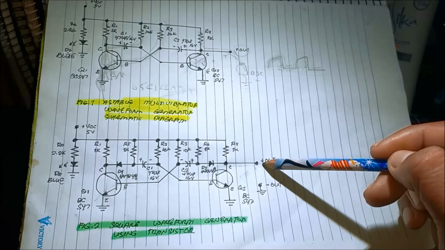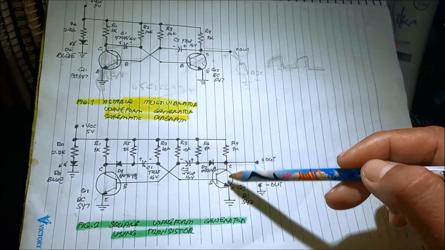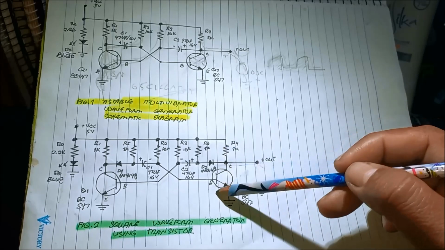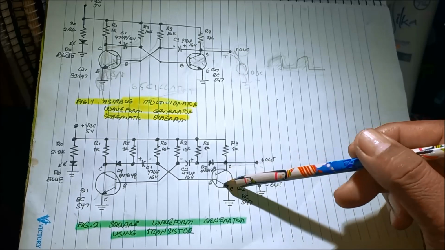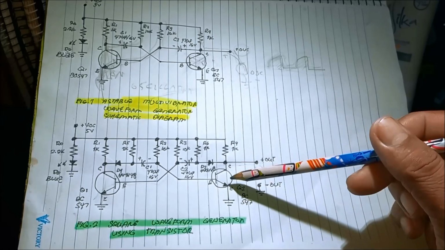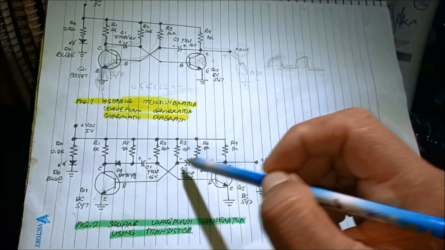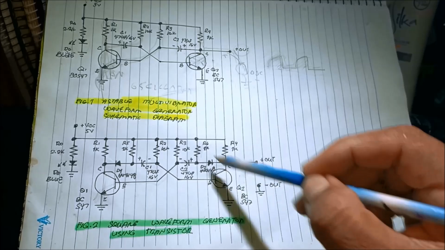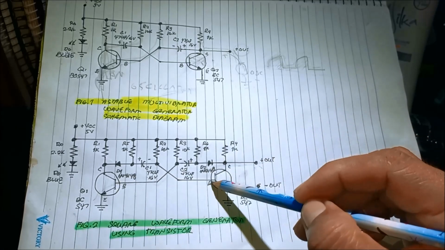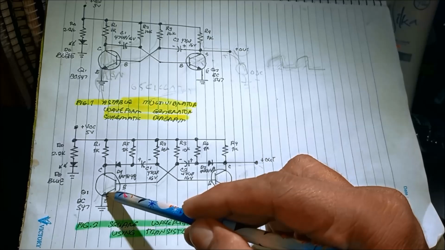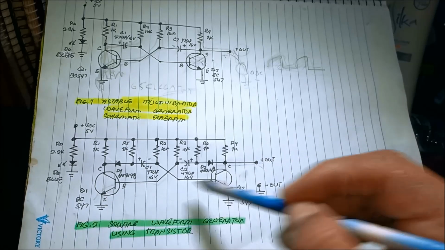Okay, instead of making this transistor cut off, entering into the cutoff region. So that's why this is on, this is off. If this is on, this is off. This is off, this is on. If this is on, this is off.